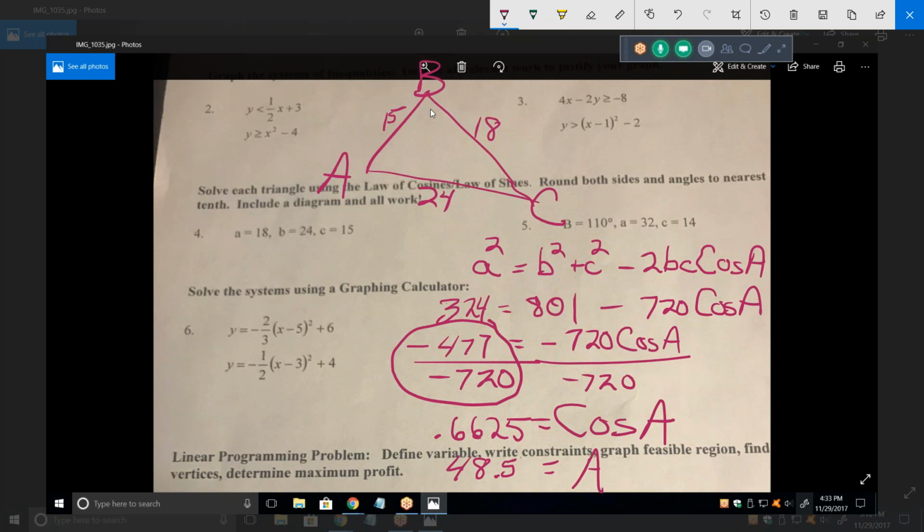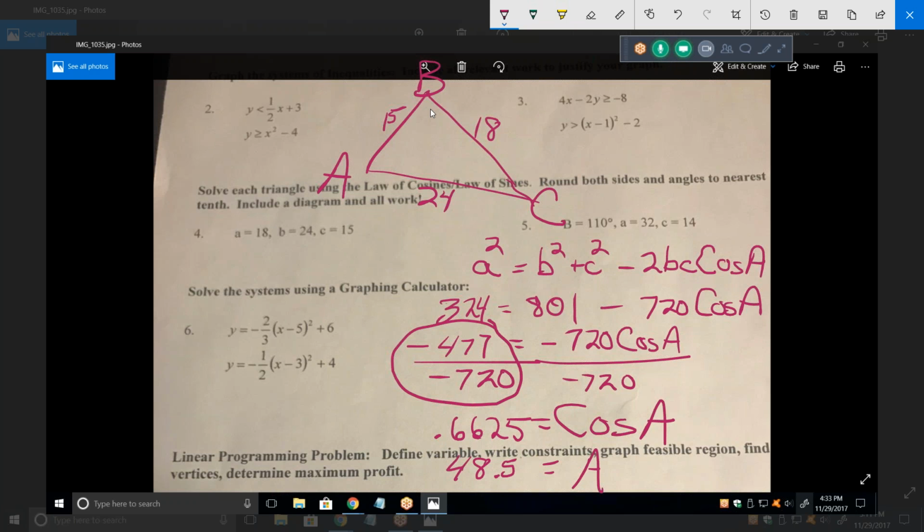No, you want to do it at the end. If we do it now, we're going to accumulate round-off error, and we've got a lot more steps to go here. We're nowhere near done; all we're doing is solving for angle A. We still have to solve for angle B and then angle C. So if I round off here, it's going to affect all the other answers.